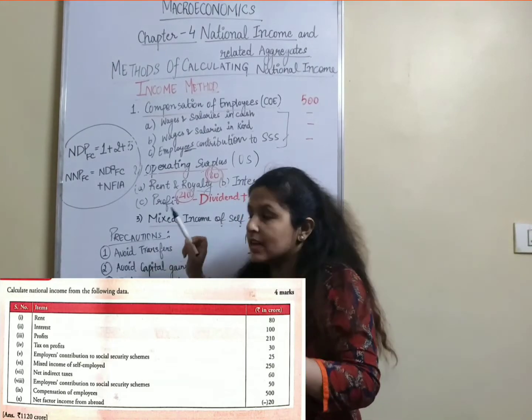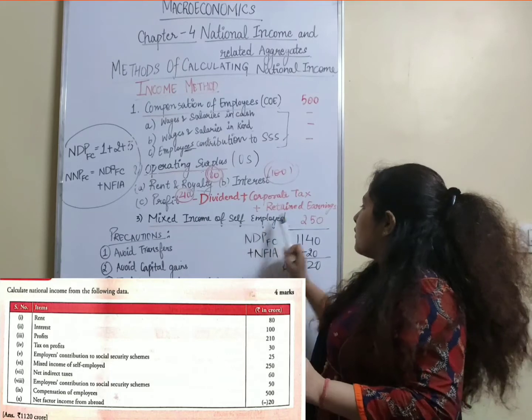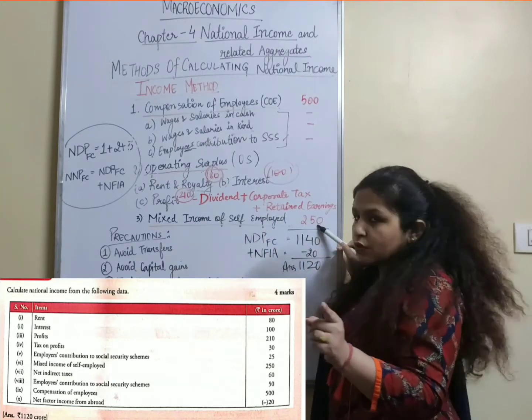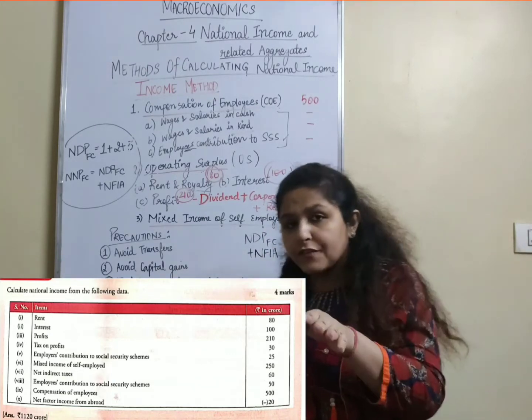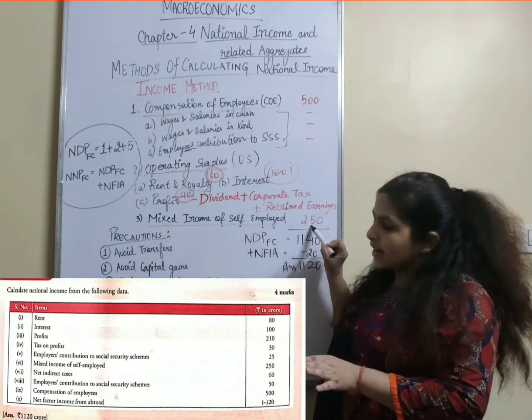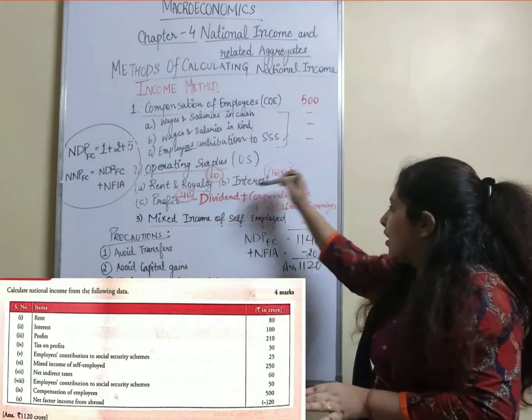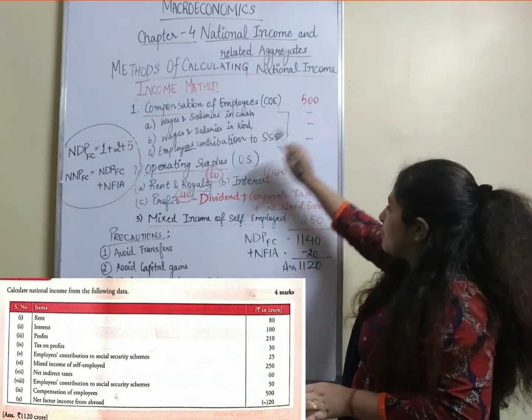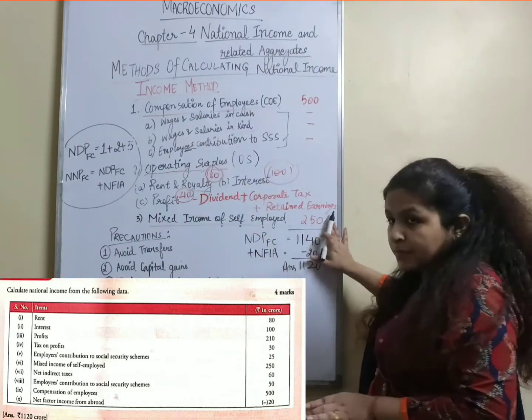And the last part is mixed income of self-employed, which is also given in the question, that is 250. And one more thing I need to tell you, if mixed income is not given in the question, then take it 0.